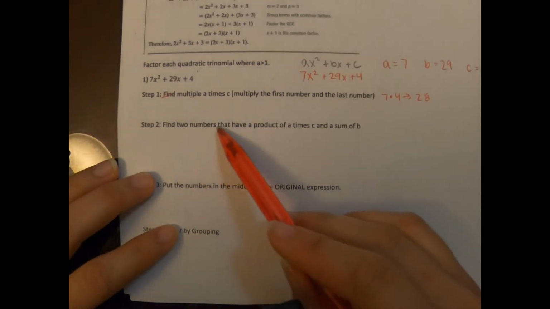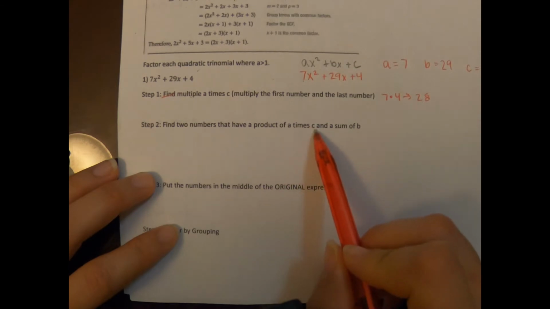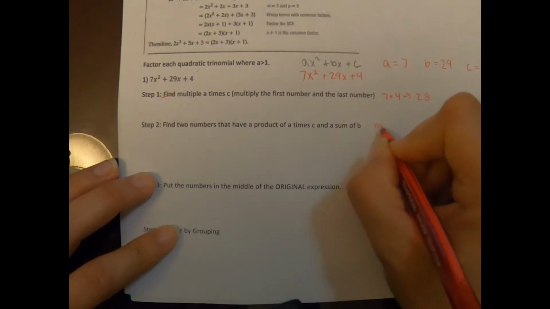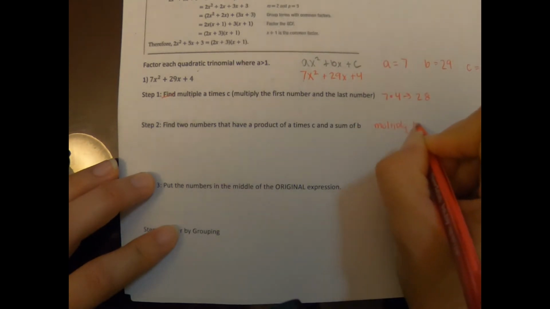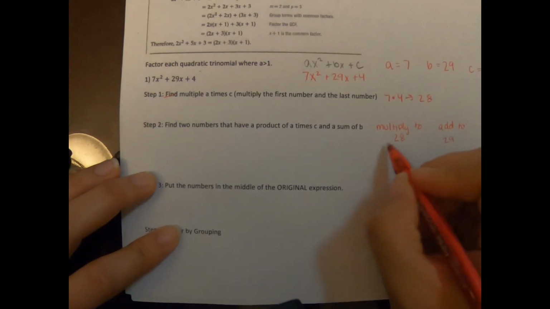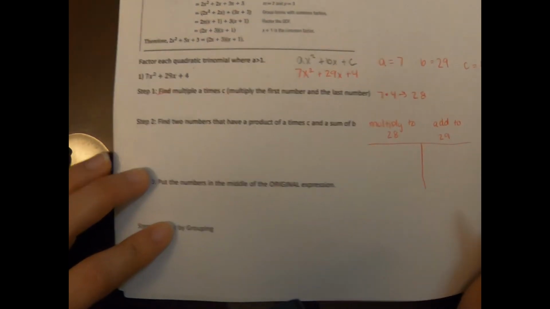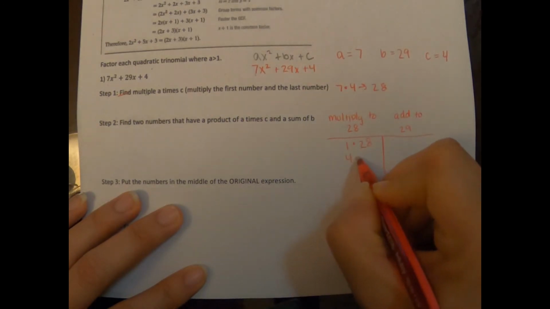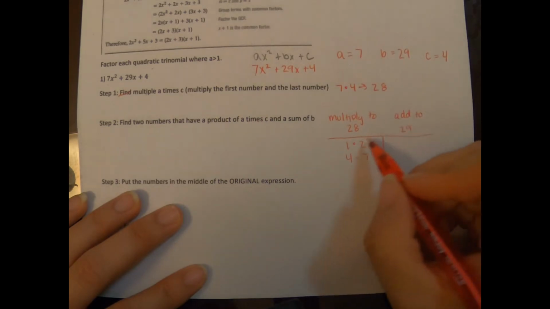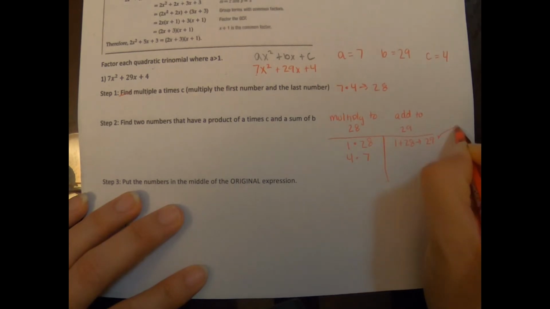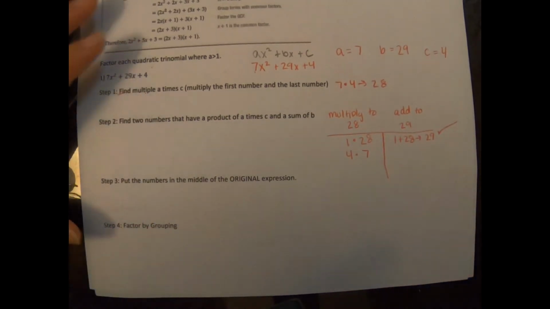Step 2, find two numbers that have a product of A times C and a sum of B. So, we need numbers that will multiply to 28 and add to 29. So, what multiplies to 28? 1 times 28 and 4 times 7. 1 plus 28 is 29, so these are our numbers, 1 and 28.